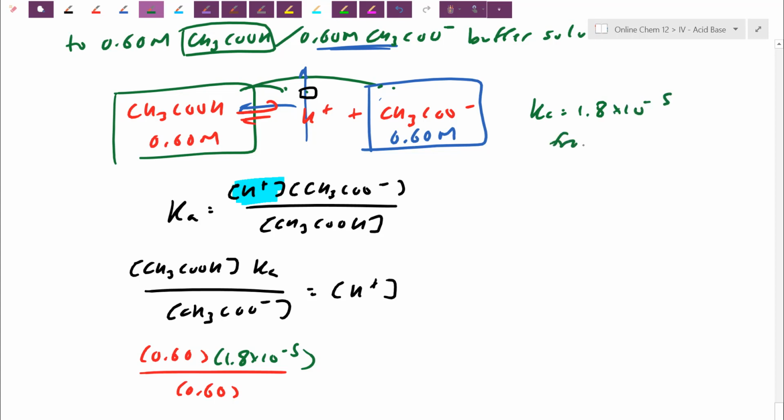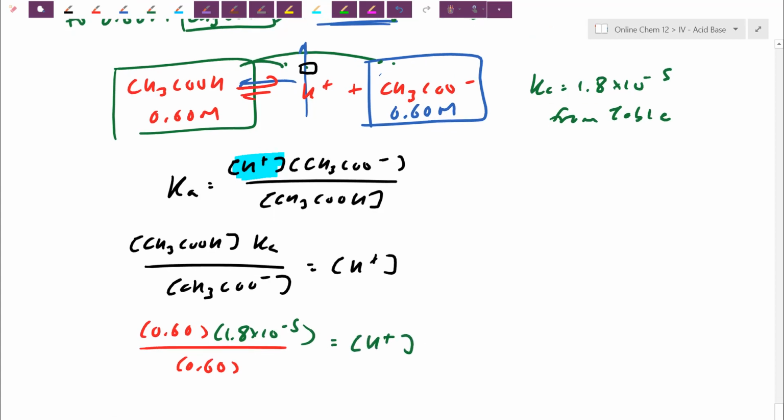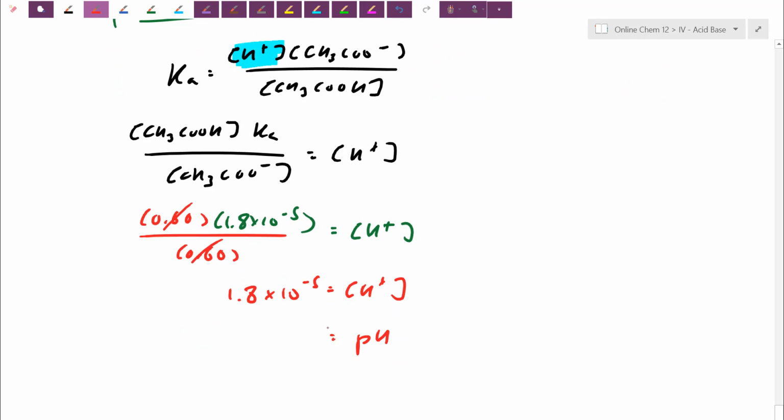This tells me what my starting H+ is. Because we happen to have equal amounts here, those cancel out. My H+ currently is 1.8 times 10 to the negative 5. Let's figure out the pH by taking the negative log of this number. Negative log of 1.8 e negative 5 gives me a pH of 4.74.